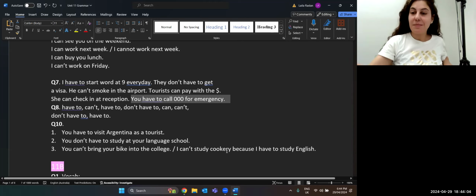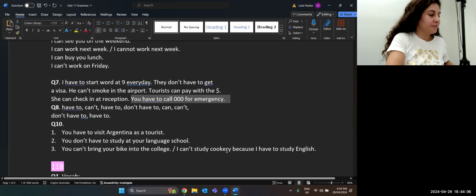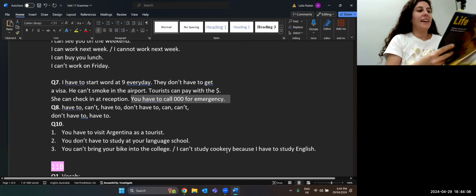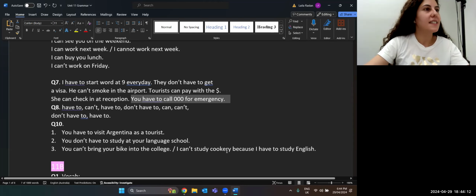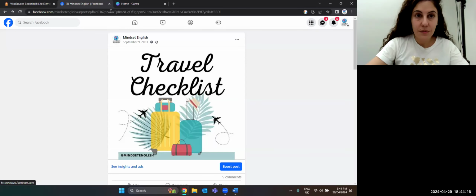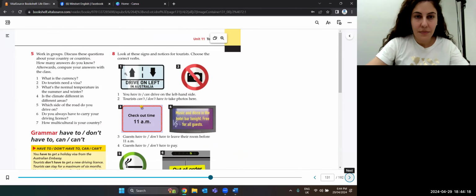Okay, let's look at some symbols and see what is happening. So you could see in the first one, you have to, this shows me drive on left in Australia. So you have to drive on the left-hand side.